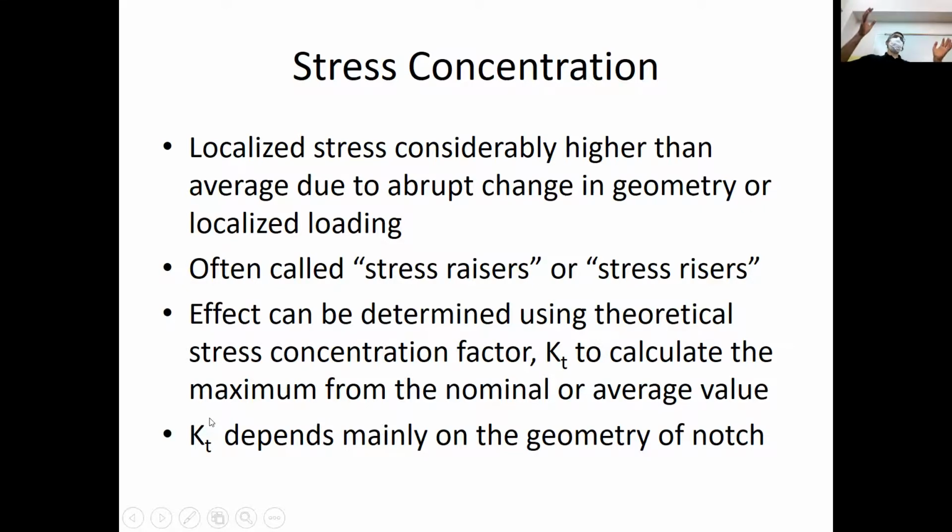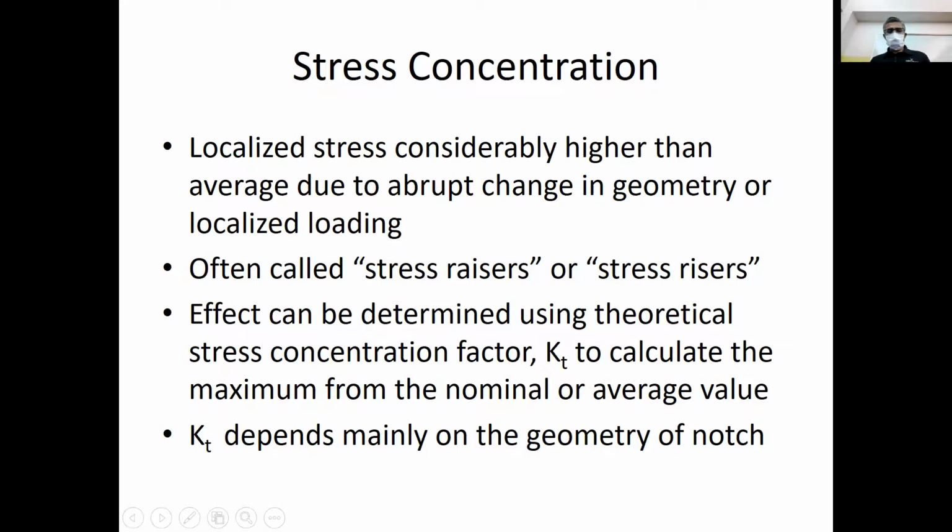So if my nominal stress is equal to a normal force divided by the area in case of an axially loaded member, I take that nominal stress that we refer to as sigma naught and multiply it by a KT to find the maximum. So we can say that the theoretical stress concentration factor is the ratio of the maximum stress divided by the nominal stress.